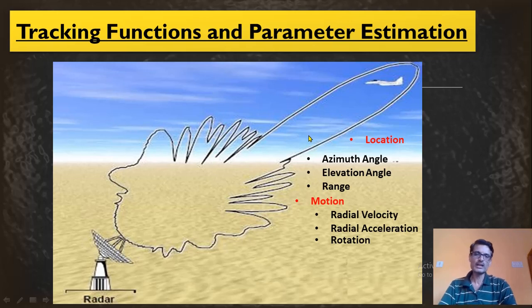We can find the location by using search radars, and the azimuth angle, elevation angle and range, all these things we can calculate by using tracking radars. After finding the range, elevation angle, or azimuth angle, we can also calculate the radial velocity, radial acceleration, or rotation of the targets. So these are the parameters we can estimate by using the tracking functions.